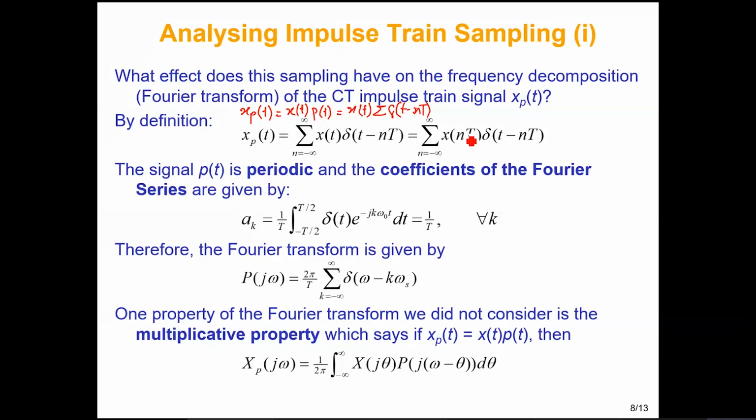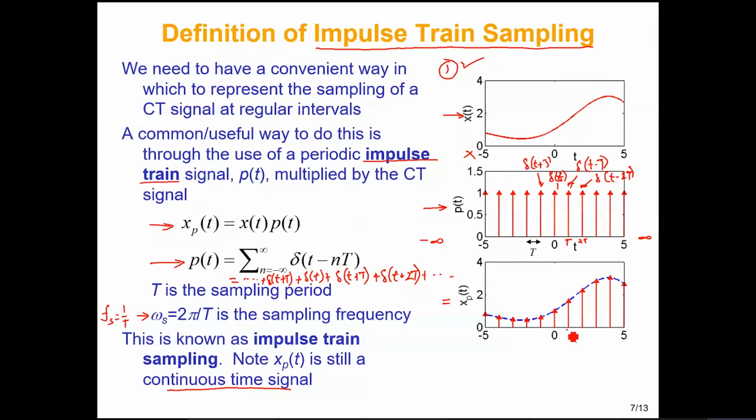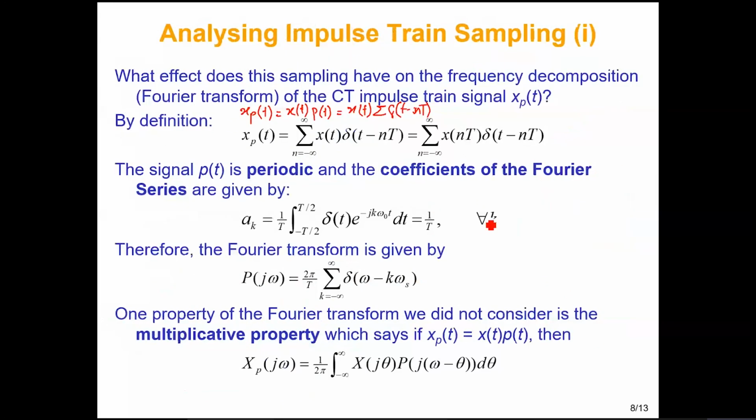So only at the nth multiple of the time period T, at T, at 2T, will we have a value of this product, which will be the value right here. So we can write it this way. This is your impulse sampled signal.